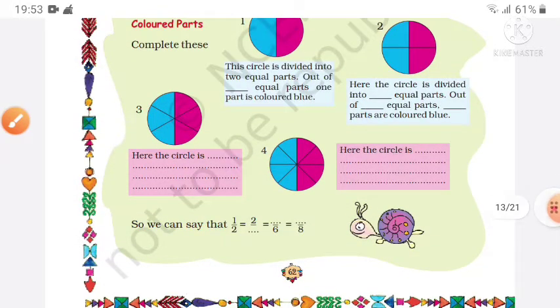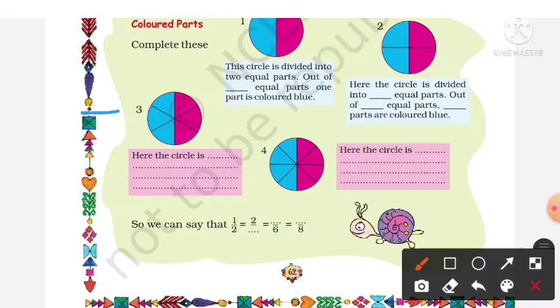Next, in 3, in this figure, here the circle is divided into 6 equal parts, and out of 6 equal parts, 3 parts are colored in blue and remaining 3 are in pink.